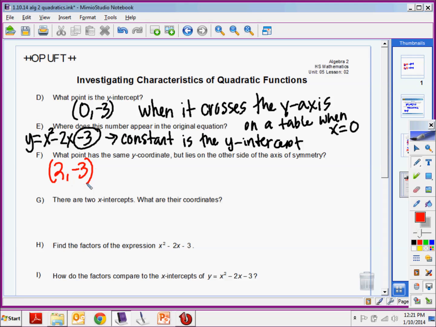Okay, so the reason why I asked this is because if your y-intercept is not the vertex, there is a point symmetrical to it.